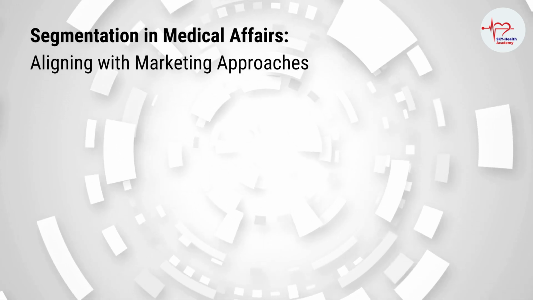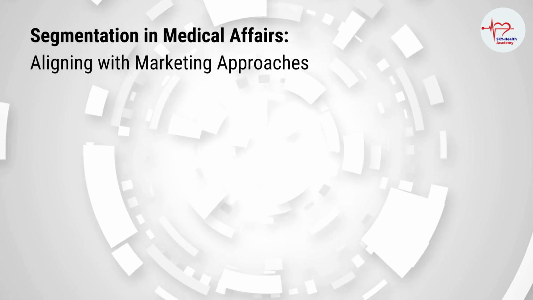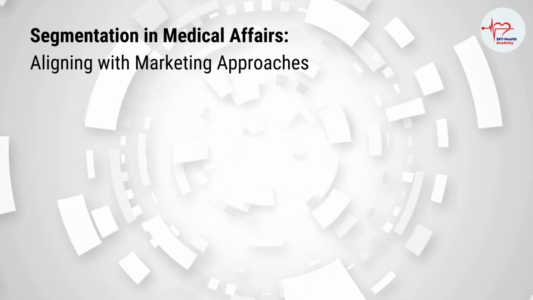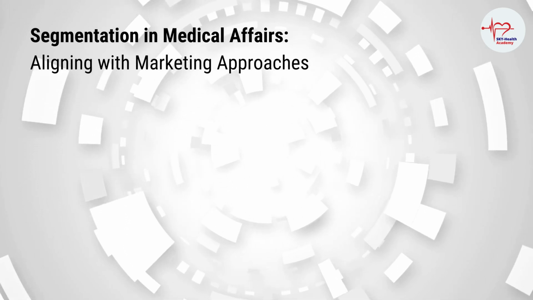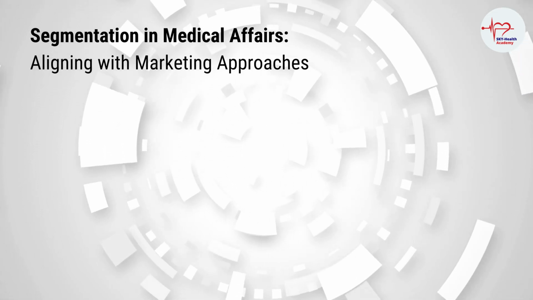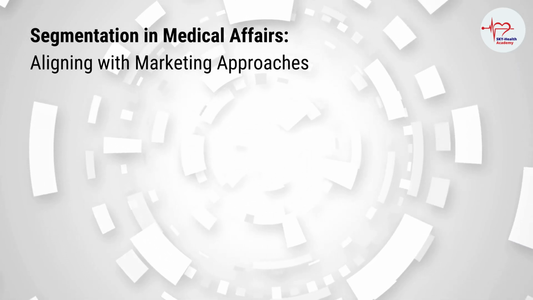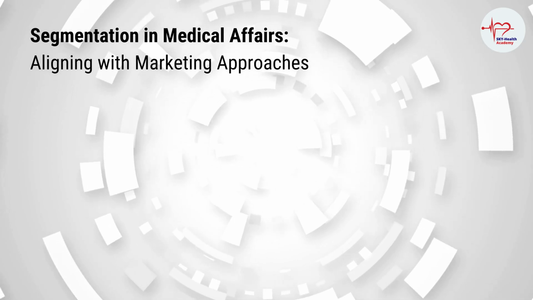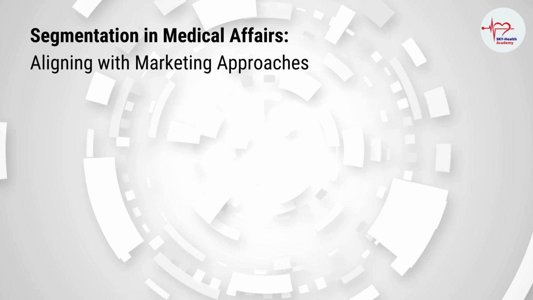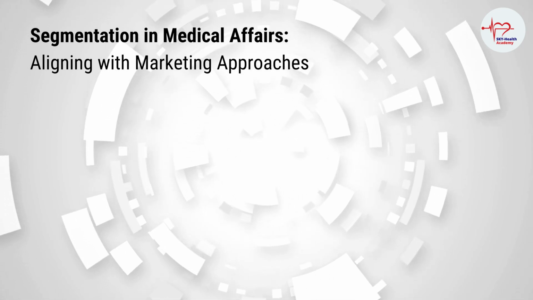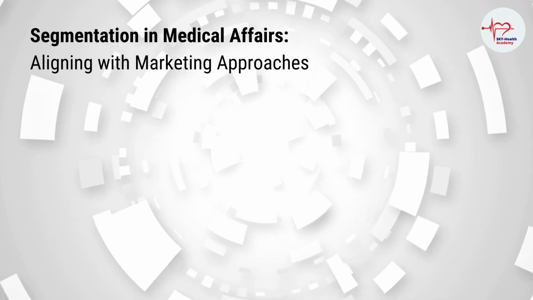So let's see how we do segmentation in medical affairs. Our approach to segmentation is generally more scientific and academically oriented. And here are some parameters that we may consider while doing segmentation in exercises like an omnichannel strategy. What we can use as a parameter is, for example, the therapeutic area expertise. Stakeholders may be segmented based on specialization in a specific therapeutic area.